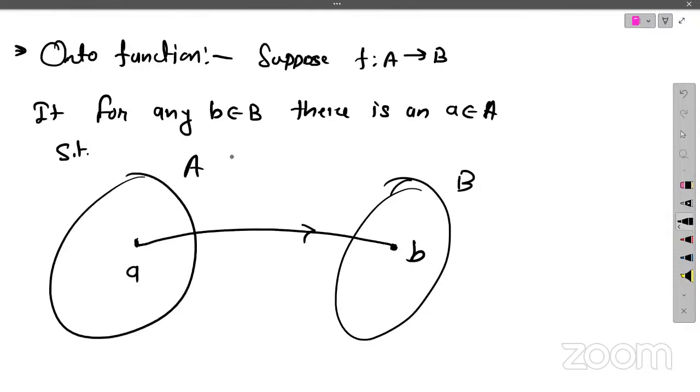So for any b, there should exist one a in the domain set such that f maps this particular a to b. If this condition holds, then we say it is an onto function.